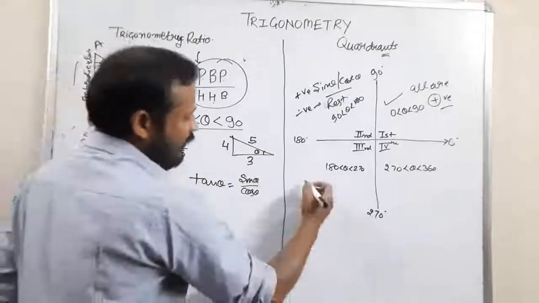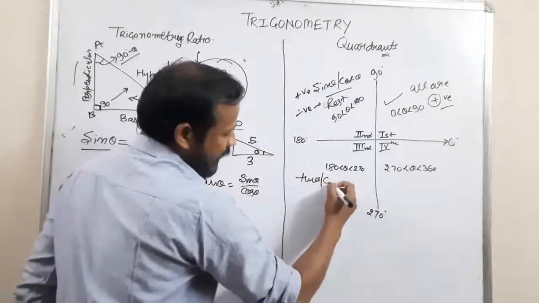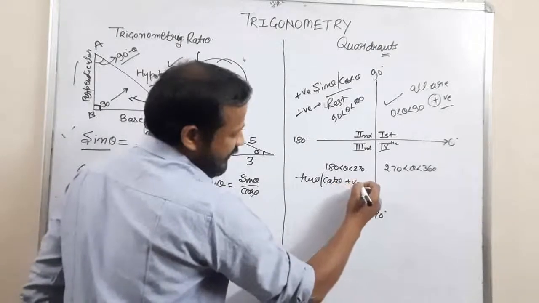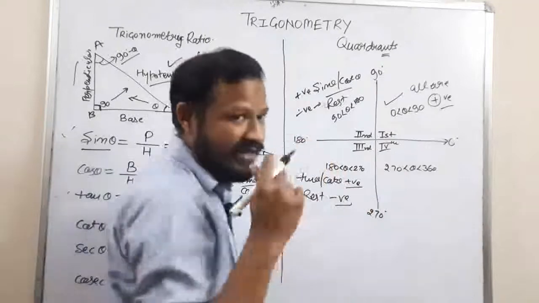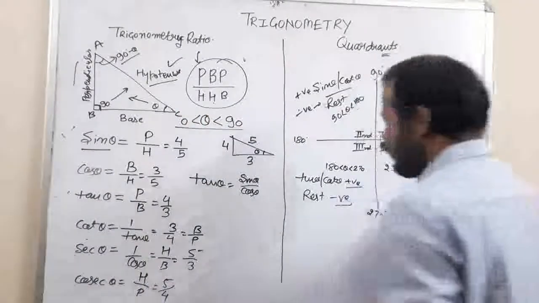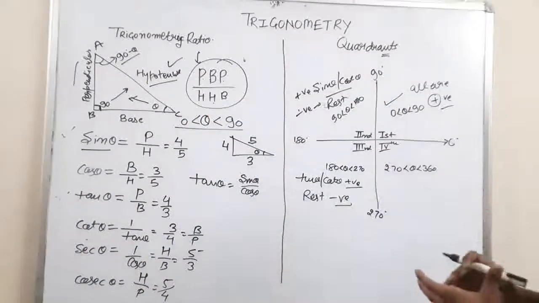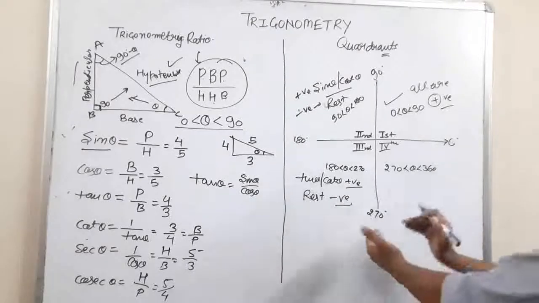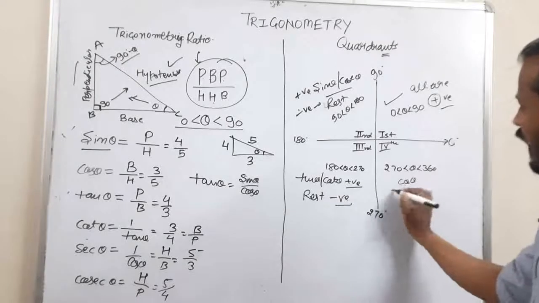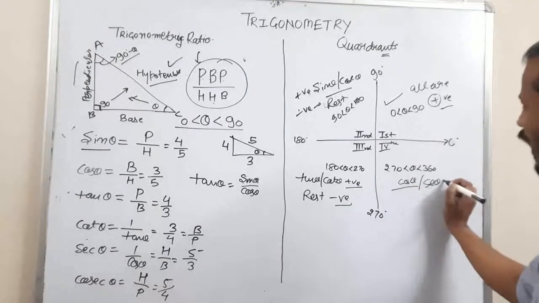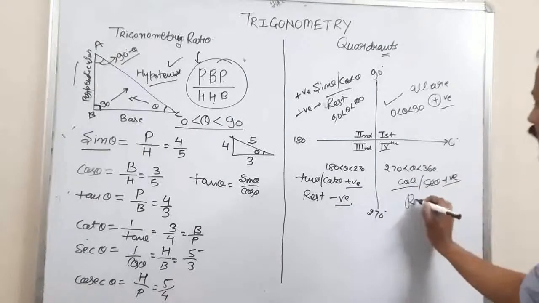In the third quadrant, tan theta and cot theta are positive, and the rest are negative. Now the last one, the fourth quadrant, from 270 to 360 degrees: cos theta and its reciprocal sec theta are positive, and the rest are negative.